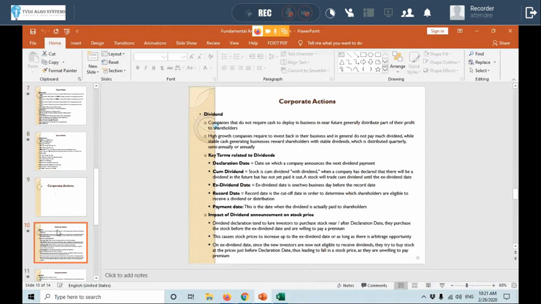And obviously, if the company does not have capital requirement in the near future, they would not like to hold the cash with them and lower the return on investment for the investors. That's why they prefer giving dividend to the shareholders, right?